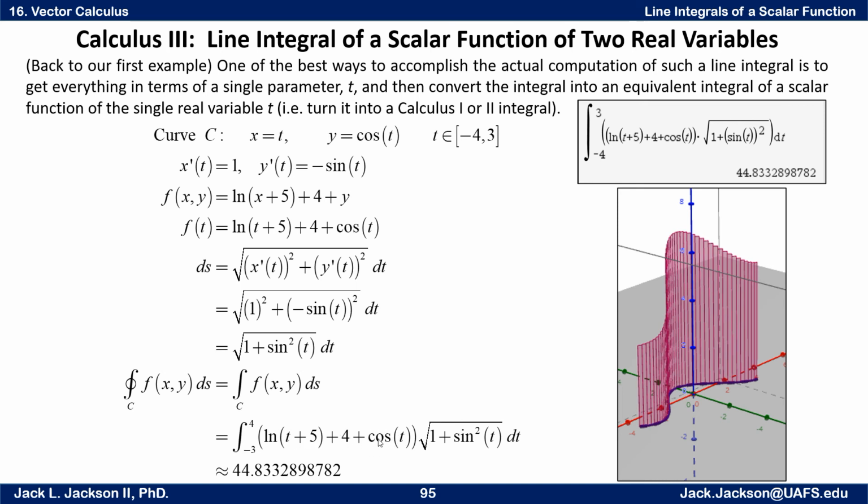That defines the surface for the top of the fence to give us our heights. All of this over here is ds. So ds is replaced by the square root of 1 plus sine squared of t dt. f of xy is replaced by natural log of t plus 5 plus 4 plus cosine of t. So everything's in terms of t. Now we're just back to a Cal 1 integral.